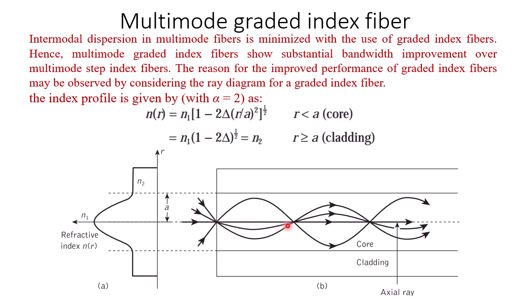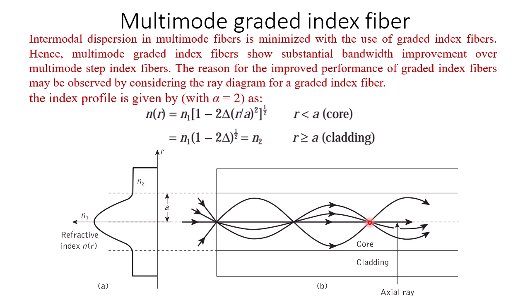The wave will not go up to the cladding; rather, the internal reflection takes place within the core itself. All the modes will ultimately meet at a particular point, and this thing is repeated. All the modes will meet at this point again.